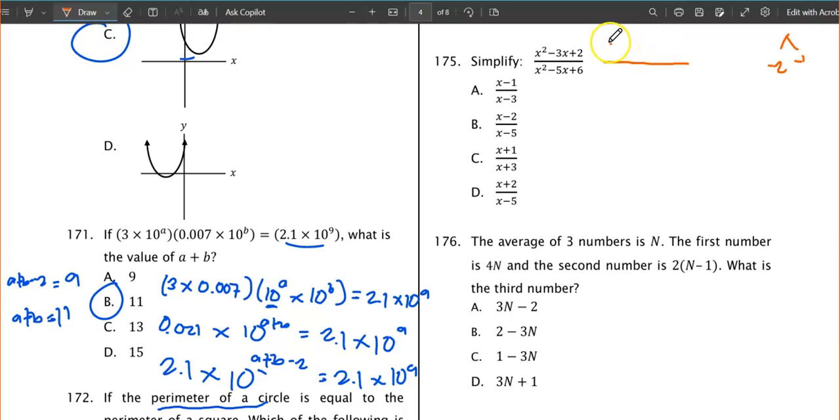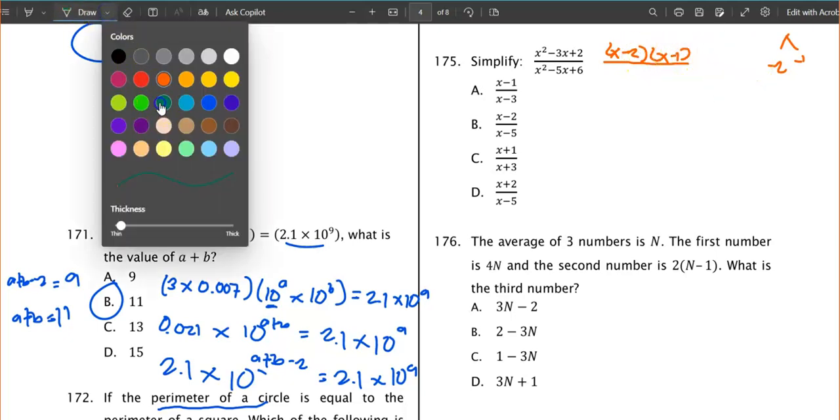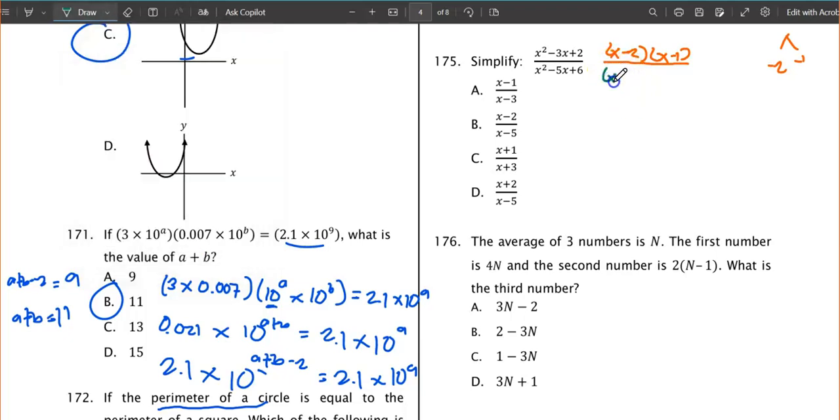So this will give you x minus 2, x minus 1. Remember, negative times negative is positive. What about the bottom part? The bottom part is x minus 2 and x minus 3. And then we cancel out x minus 2. This becomes 1, so we are left with x minus 1 over x minus 3. That's letter A in our choices.